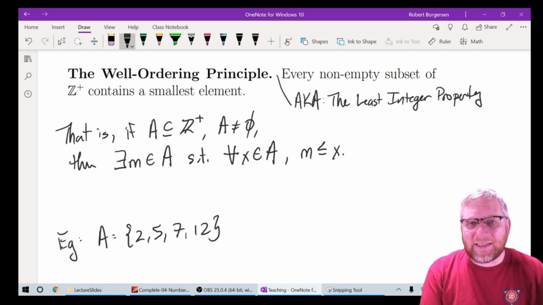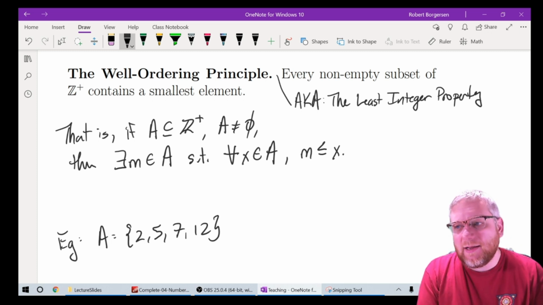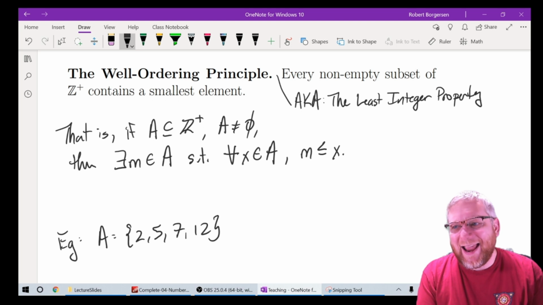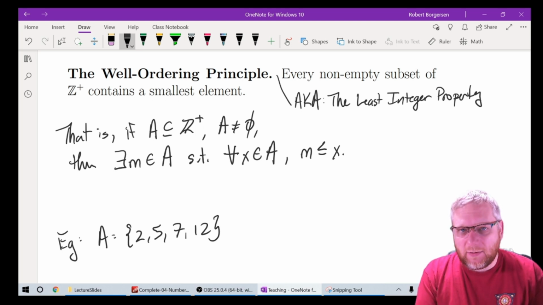That M is inside of A, and everything in A is greater than or equal to M.